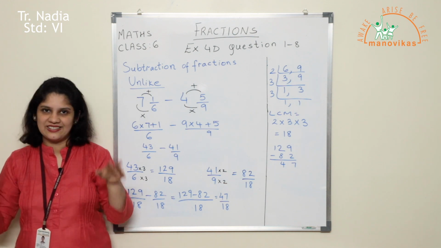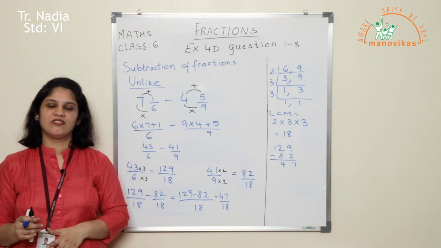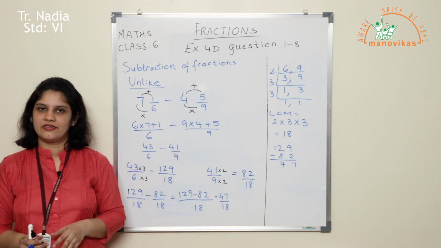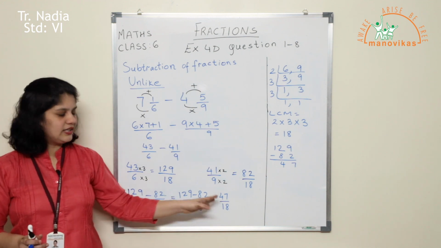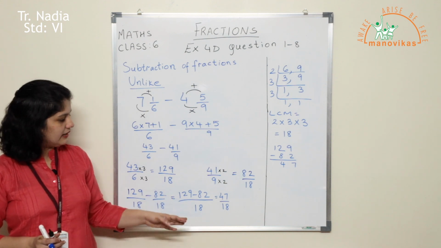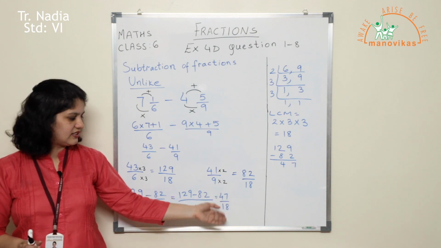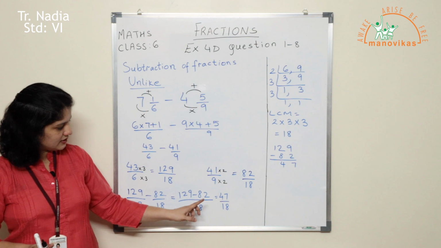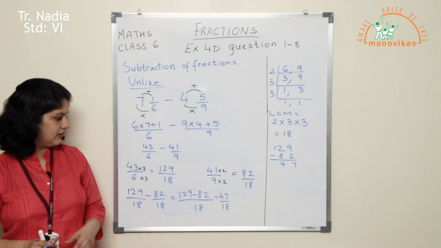I hope you all have seen the chart which I told you to check in the textbook, where all the prime numbers from 1 to 100 were given. If you have checked it, you will realize that 47 is a prime number. It only comes in its own table. And therefore, since 47 is a prime number, we cannot reduce this any further. It is in the simplest form already. But it's an improper fraction. The numerator is big and the denominator is small.